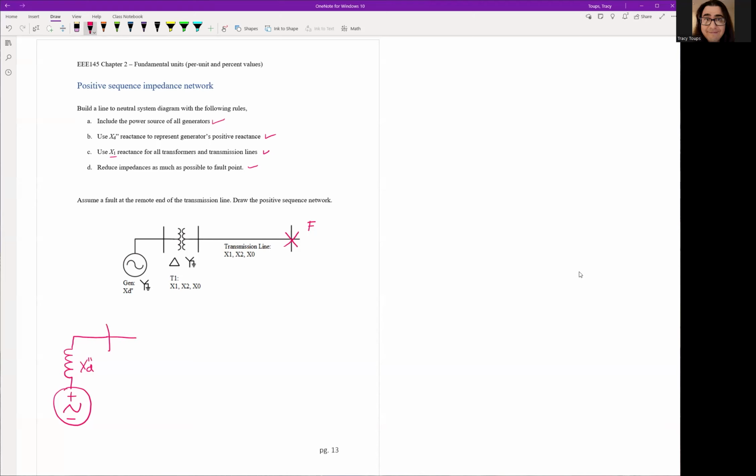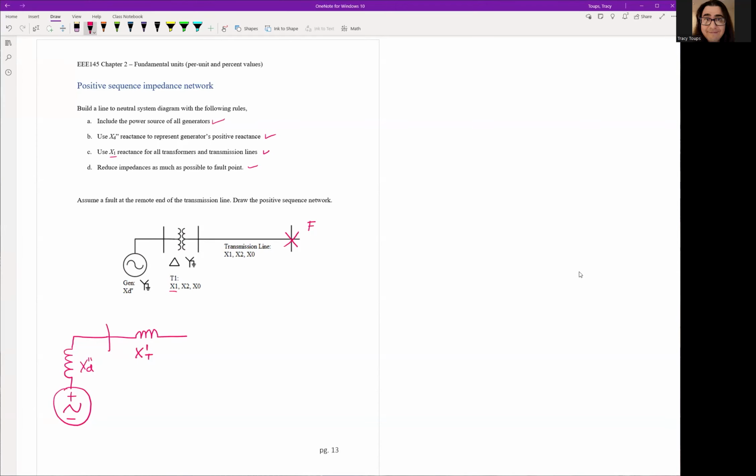Remember, from last week or before, we're looking at per unit values, so we're using a per unit system here, and we don't need to draw a high side and a low side. We can just interpret this transformer as a pure impedance. We're going to call this XT, and I'm going to write a 1 to denote positive sequence impedance.